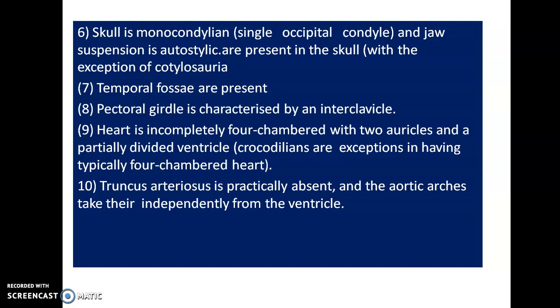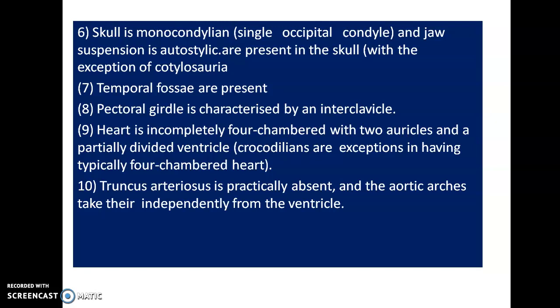Then comes the circulatory system, the heart. The heart is incompletely 4-chambered. In class Reptilia they have a 3.5 chambered, or incompletely 4-chambered heart, with 2 auricles and an incompletely divided ventricle. But in the case of the crocodile, which also comes under class Reptilia, the heart is fully 4-chambered, as in most advanced chordates.